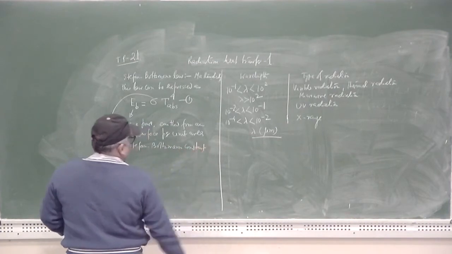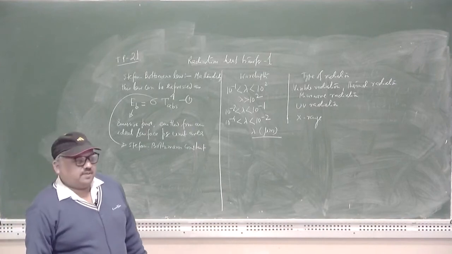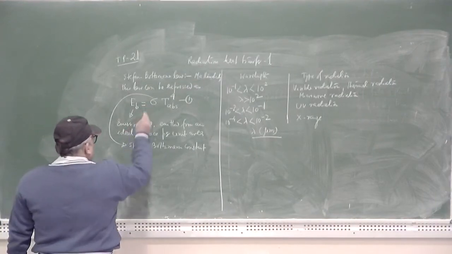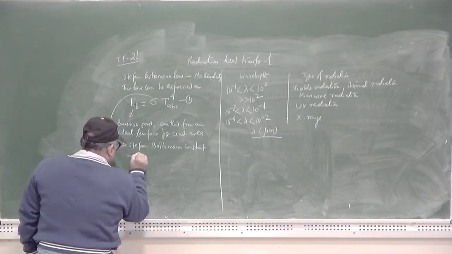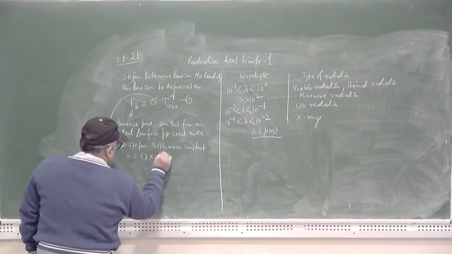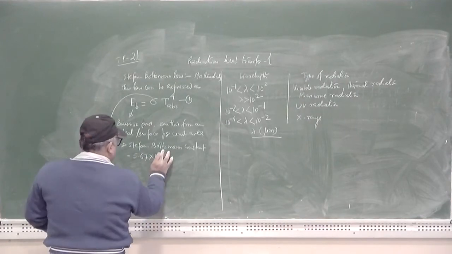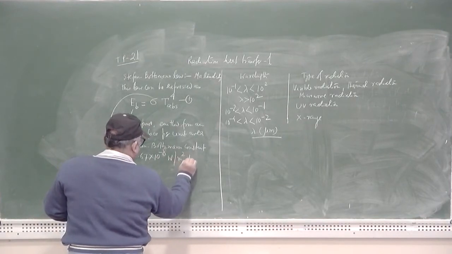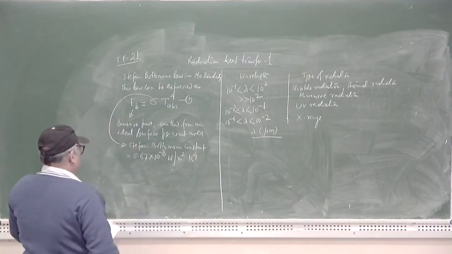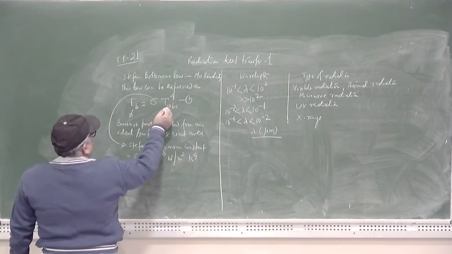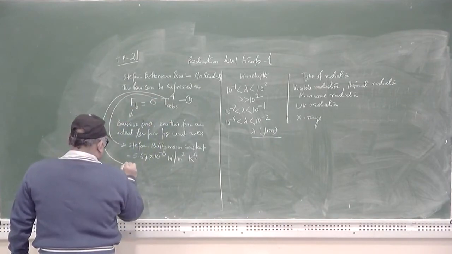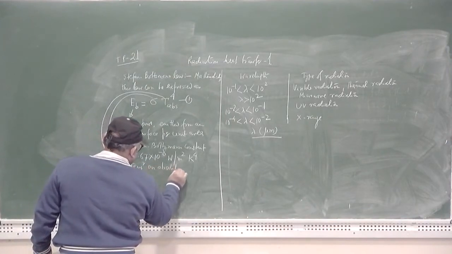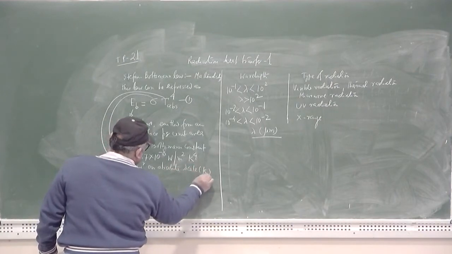As I have said in the previous class, this is a term which can be derived from the existing principles of quantum mechanics and statistical mechanics, and the value of this Stefan-Boltzmann constant is 5.67 into 10 raised to the power minus 8 watt per meter square K raised to the power 4, that is Kelvin raised to the power 4. T absolute is the temperature on the absolute scale, that is the Kelvin scale, measured in Kelvin.